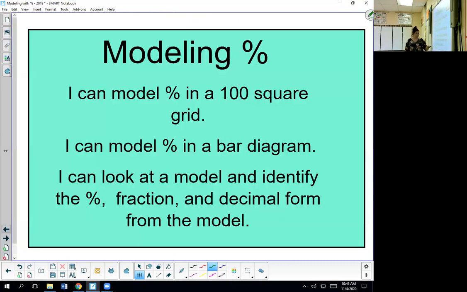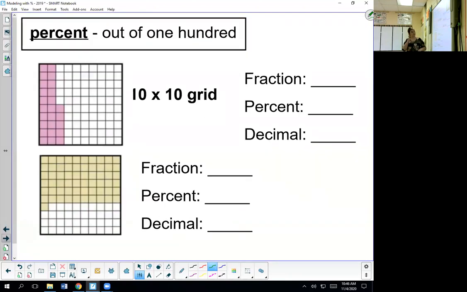Okay. All right, so remember percent is out of 100, so this is a 10 by 10 grid. Again, both of these are like that. You could start wherever you want. So let's go ahead and start with a fraction. Fraction's always easiest. So I have 10, 20, 21, 22, 23, 24, 25. I have 25 shaded in out of 100.